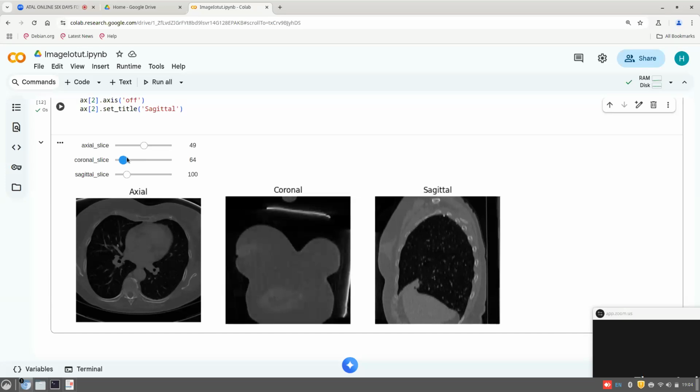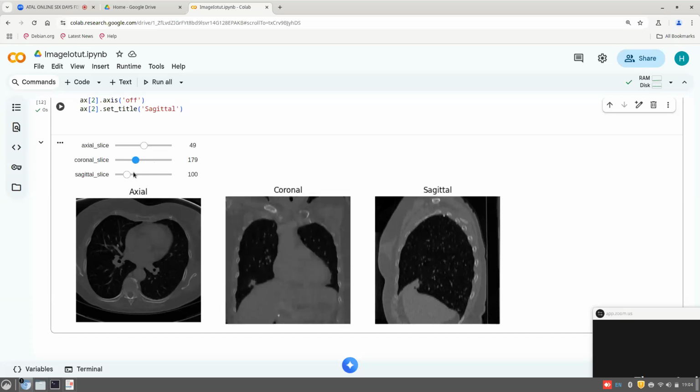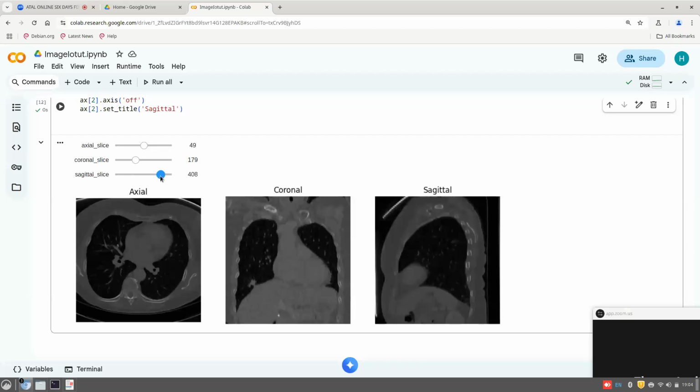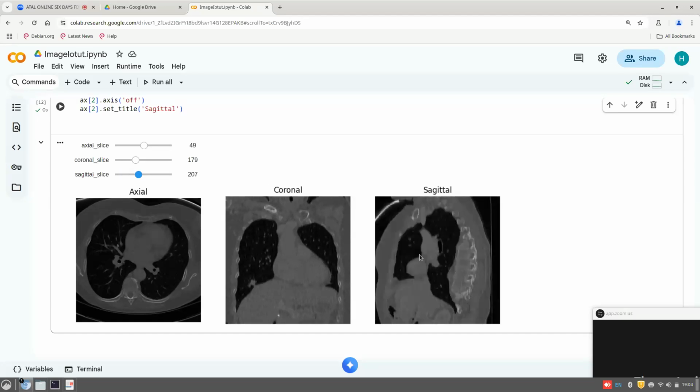So these are different slices, and each slice is of different shape. You can visualize along the coronal plane. Along sagittal plane, I can move to a different slice. You will see a totally different picture. So if you go to 62nd slice, you will see a different picture. If you go to 207th slice, you will see a different picture.